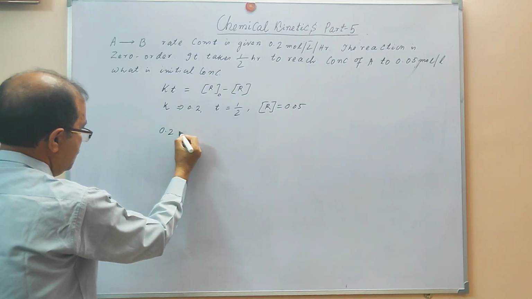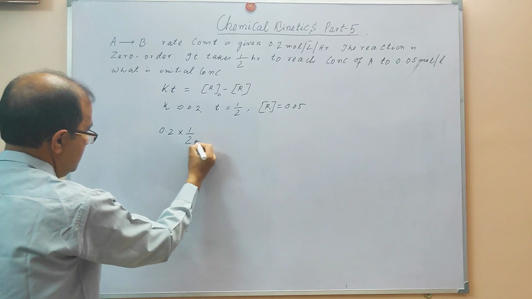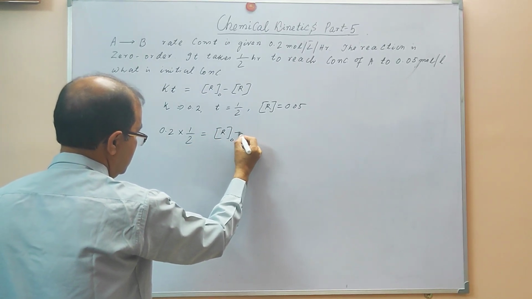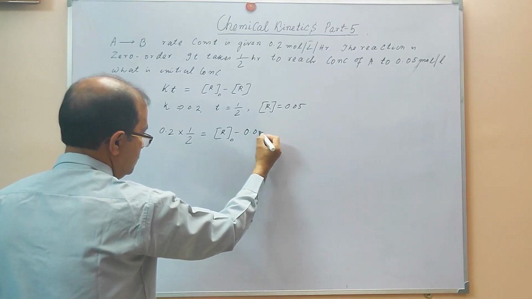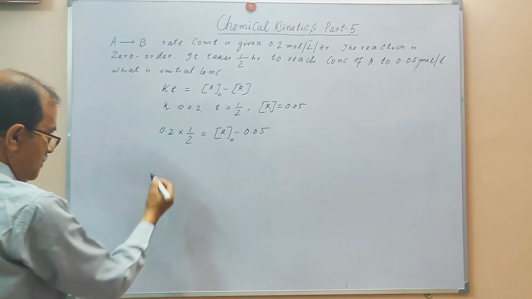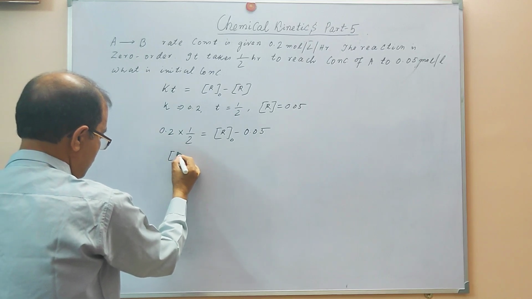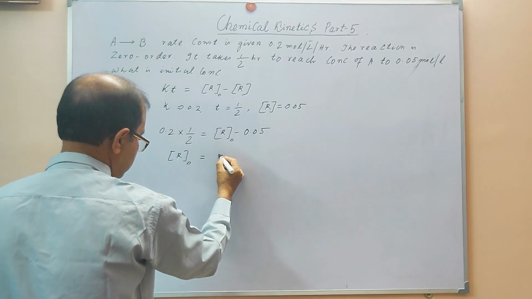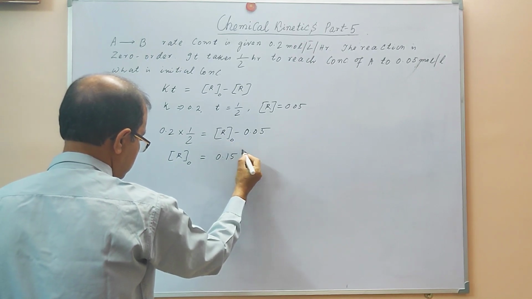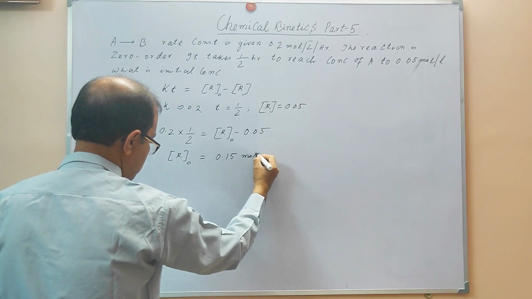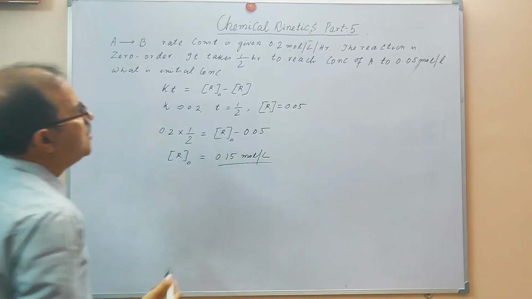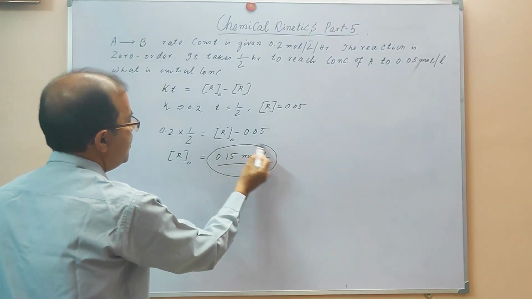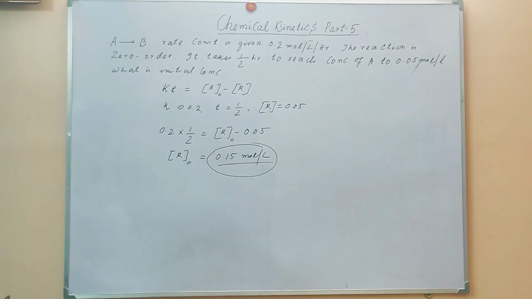So 0.2 into half is equal to R0 minus 0.05. So what is the initial concentration? Initial concentration is 0.15 mole per liter.